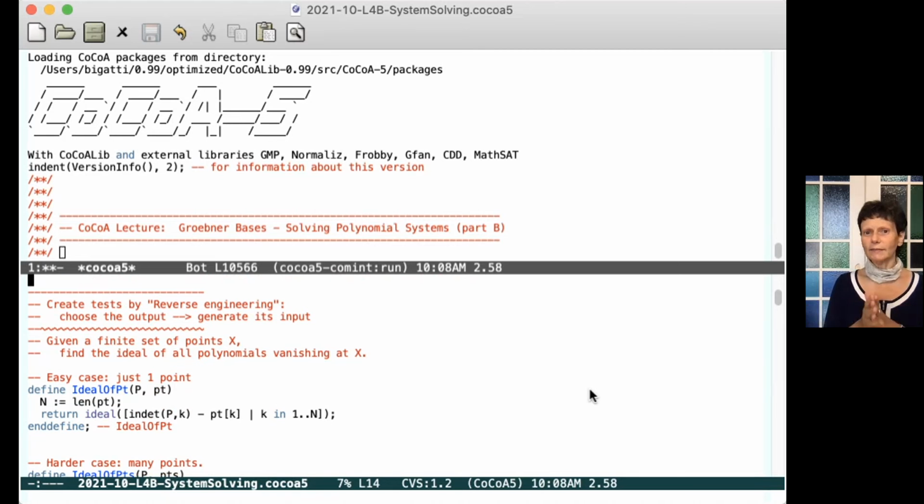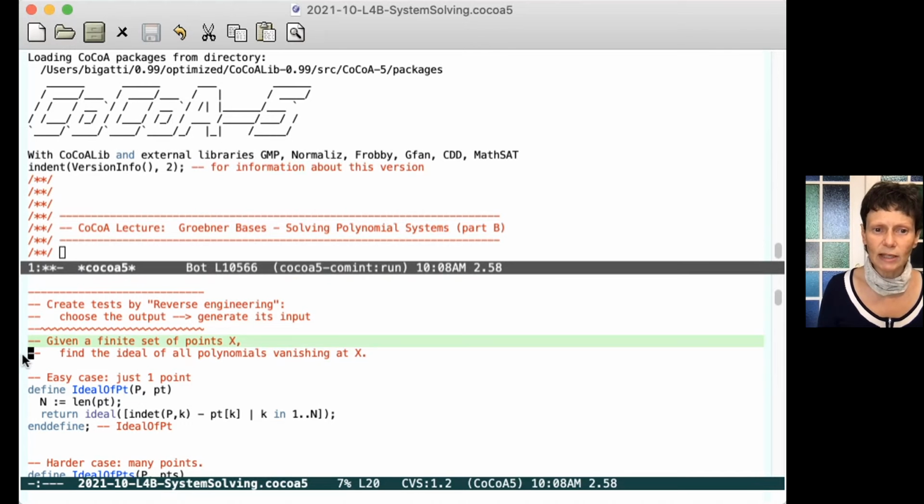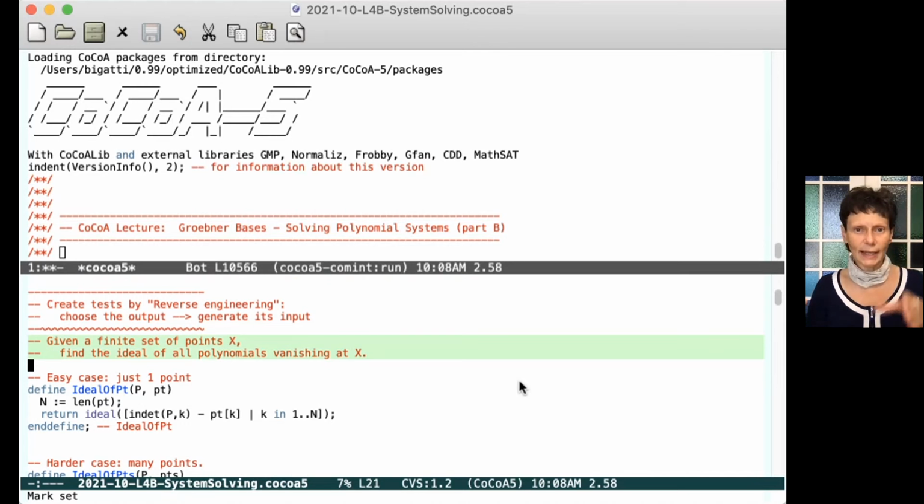We start this investigation today by reverse engineering some tests to try our code on. So we choose the output we want to get, the set of points, and we generate the input, a system with those solutions. So the problem we start from is, given a finite set of points X, we want to find the ideal of all the polynomials vanishing in those points.